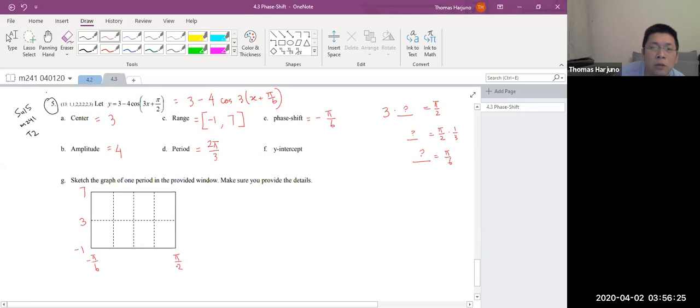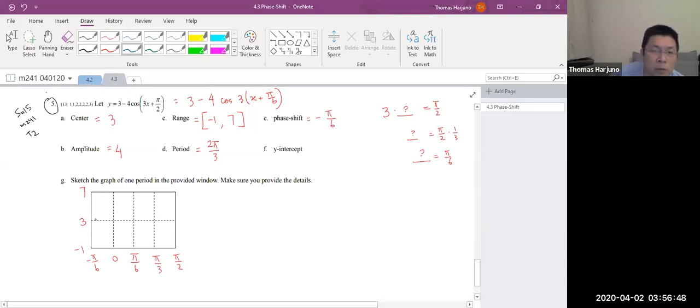Is it right? This is pi over 6. This is 0. This is pi over 3. And this is the graph of negative cosine.